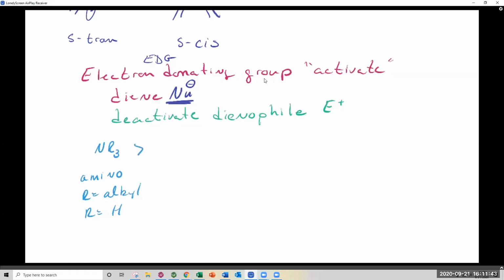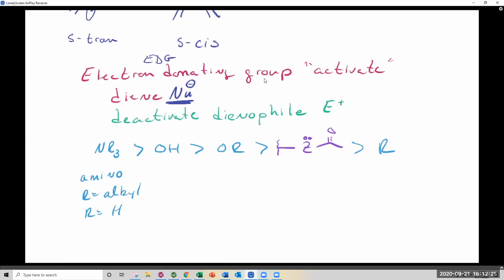Followed by hydroxy, followed by an ester, followed by an amide, or, now this is important, any of these species here where the connection is directly on the heteroatom to the diene. In other words, I'll show you an example. And then lastly would be an alkyl group.